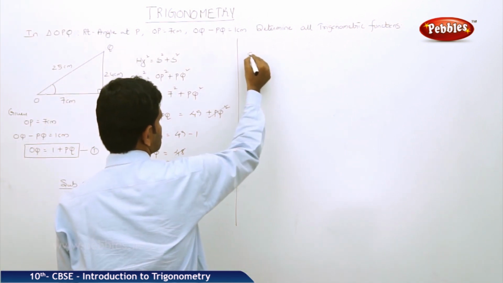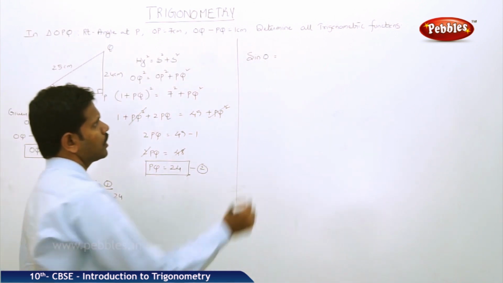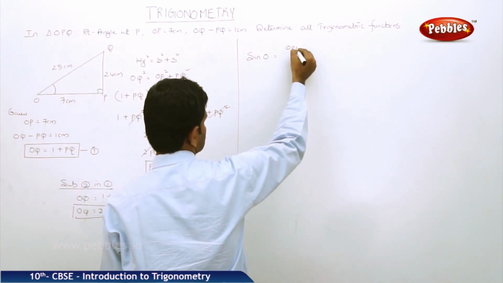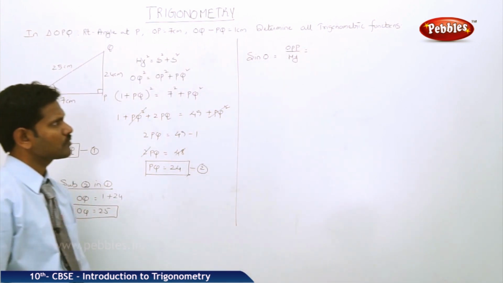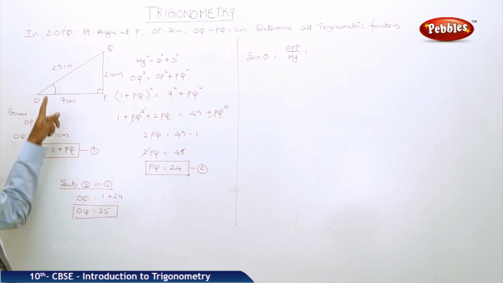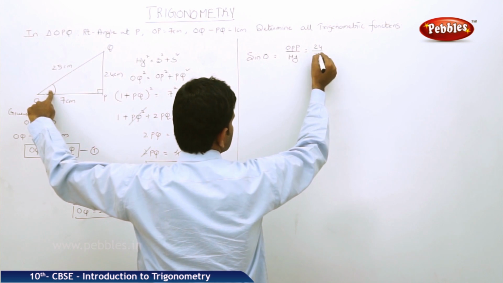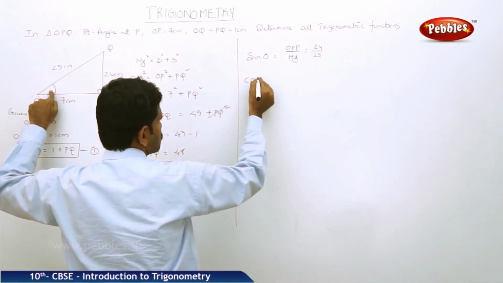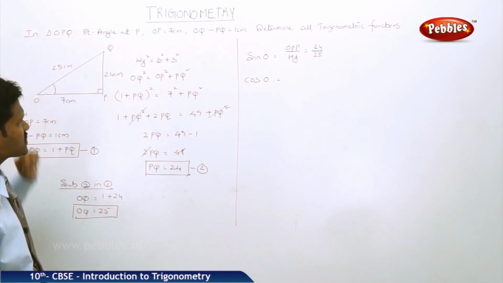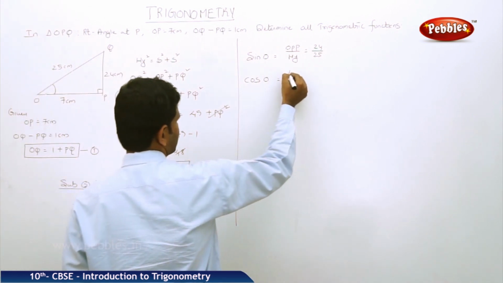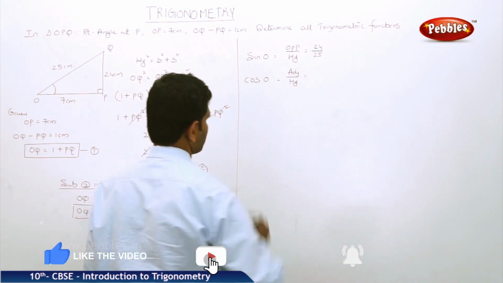Now, sin O is equal to opposite by hypotenuse. What is the opposite side to O? It is 24, so 24 by hypotenuse 25. Next, cos O is adjacent side by hypotenuse.